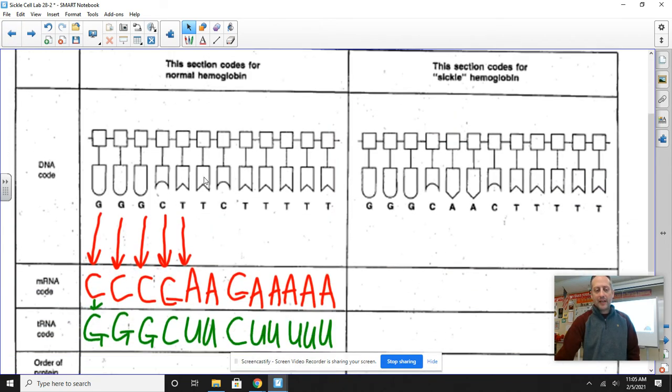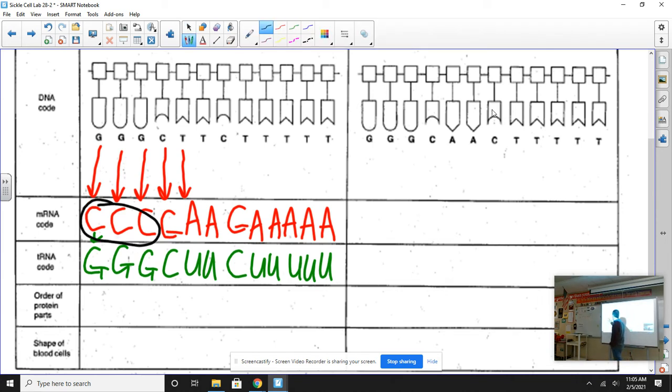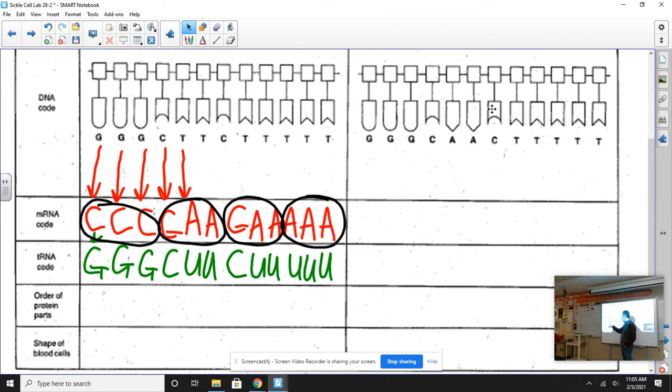Every 3 mRNA, each of those sets gives us something called a codon, which is what the tRNA codes to make the protein part. So there's a codon, there's a codon, there's a codon, and there's a codon. Sets of 3. There's 4 codons that tRNA is going to code from the mRNA to give us the protein part.